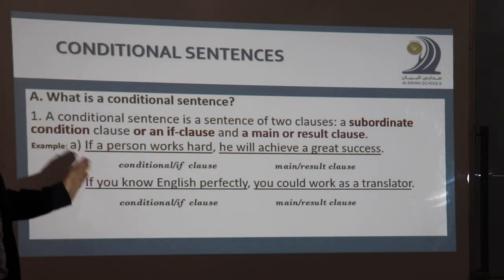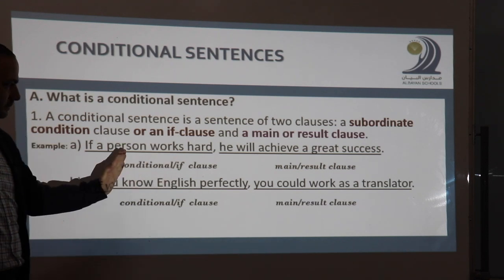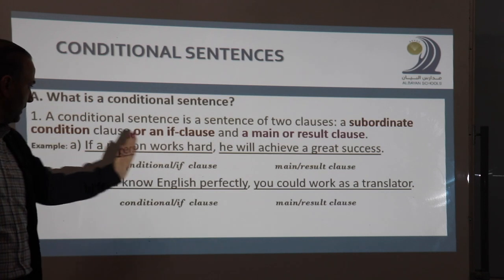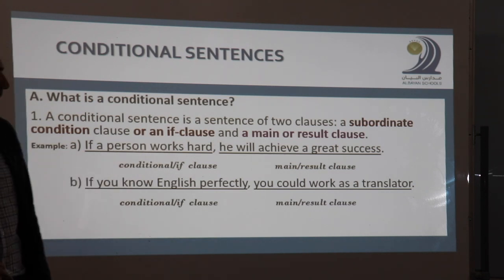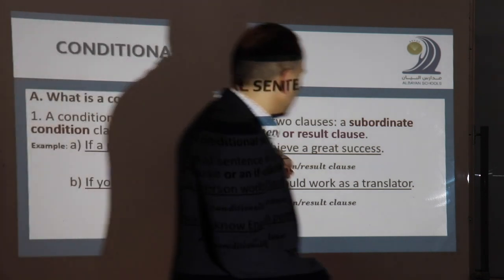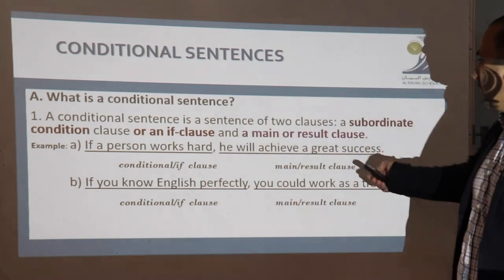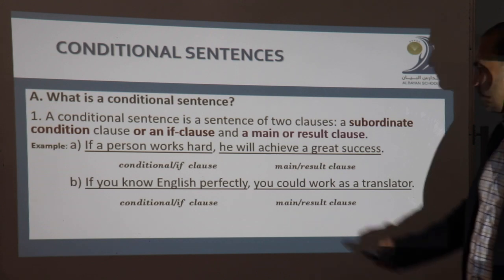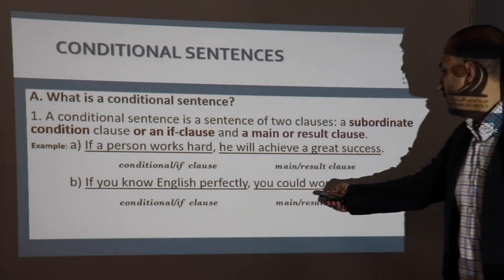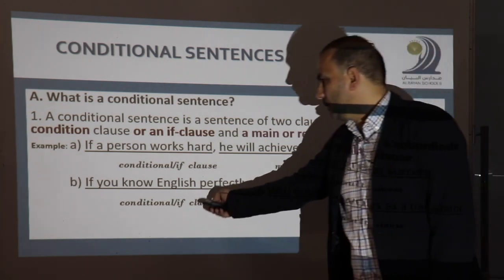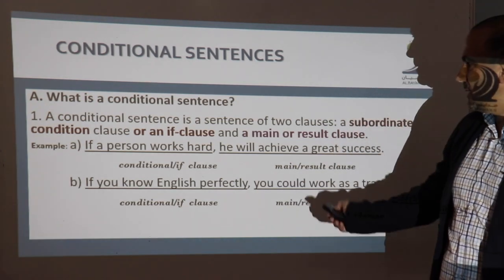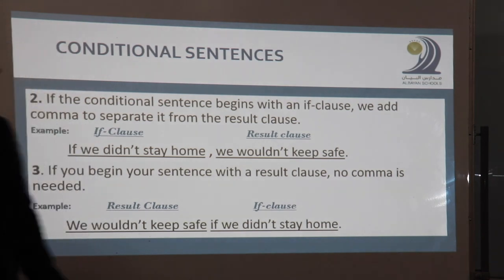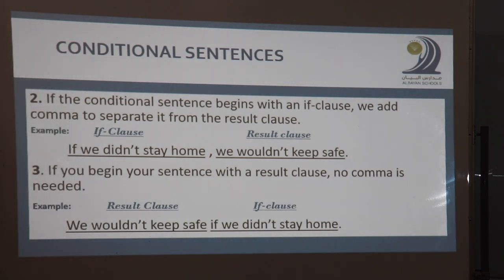These are the two parts, the conditional clause and the result clause, as in this example and the first one. In the first one I use type 1; in the second one, not type 1 of course, you would see it as a mixed type somehow. Let's go for the first idea.